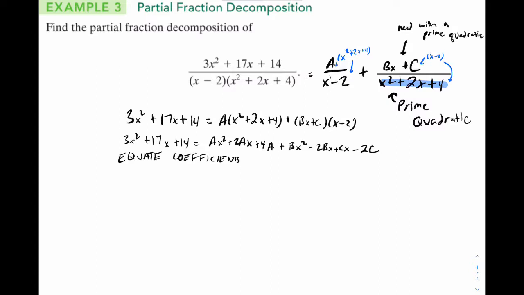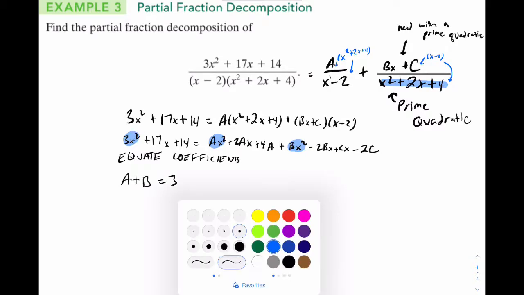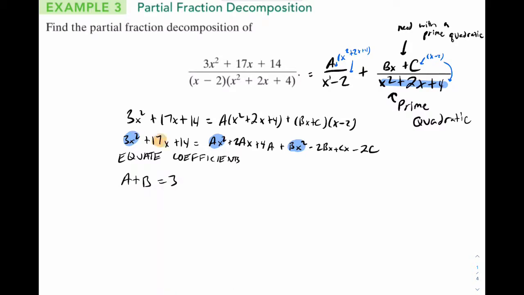So let's highlight a couple things. Here's my x squared. I have an Ax squared and a Bx squared. So A plus B should equal 3. Okay, 17x, and I have a 2Ax, a 2Bx, and a Cx.